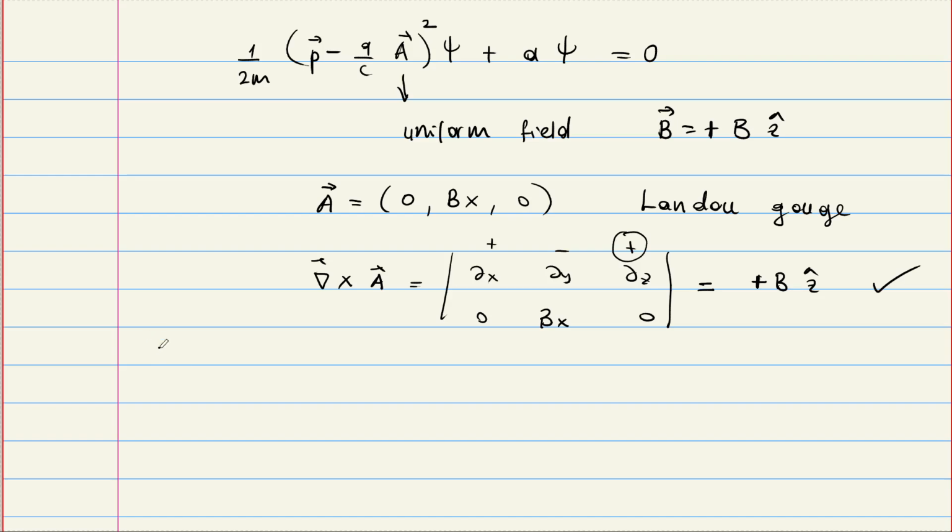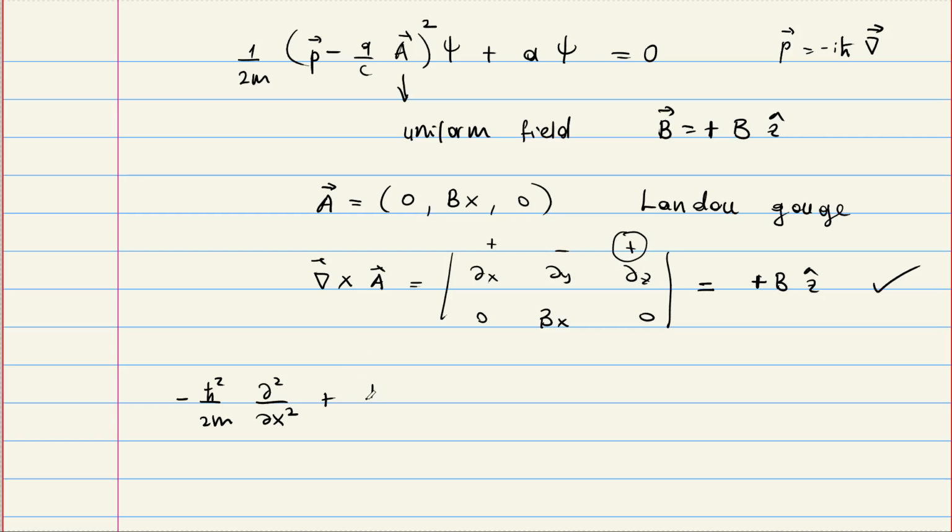There is an x component. The x component is minus. So p is equal to minus I h bar gradient, and the x component is going to give us h bar squared over 2m del squared del x squared, plus the y component. You can see there's a y component here.